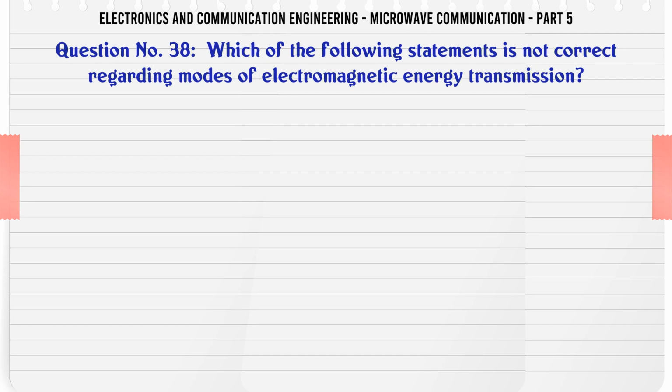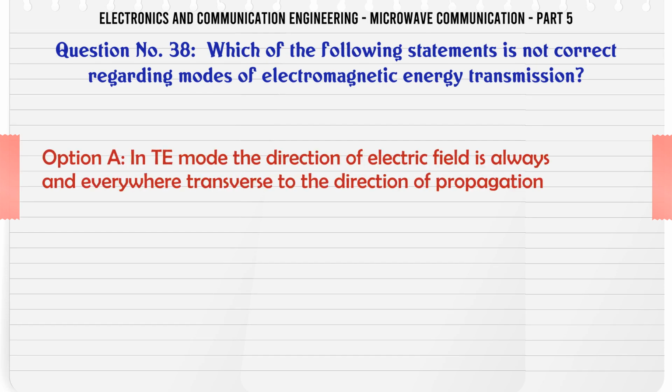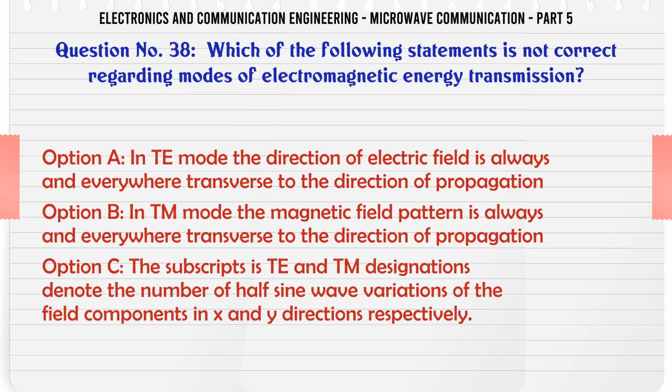Which of the following statements is not correct regarding modes of electromagnetic energy transmission? A. In TE mode, the direction of electric field is always and everywhere transverse to the direction of propagation. B. In TM mode, the magnetic field pattern is always and everywhere transverse to the direction of propagation.